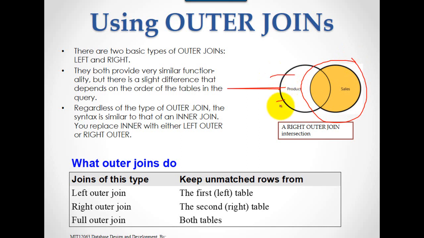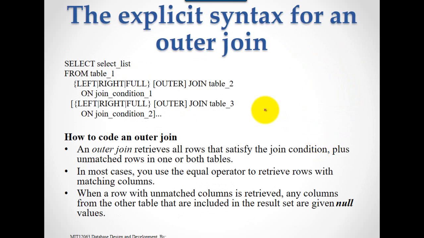Unmatched records will be replaced with the null keyword, meaning an unknown value. If it is full join, this entire table and this table will be retrieved.